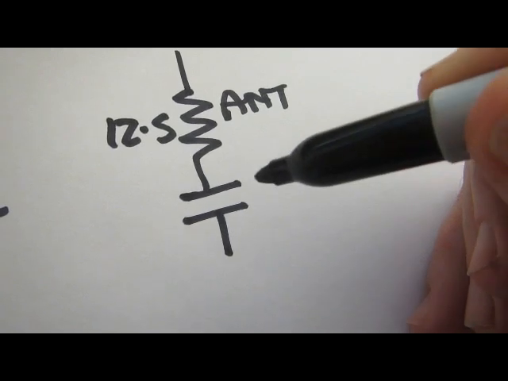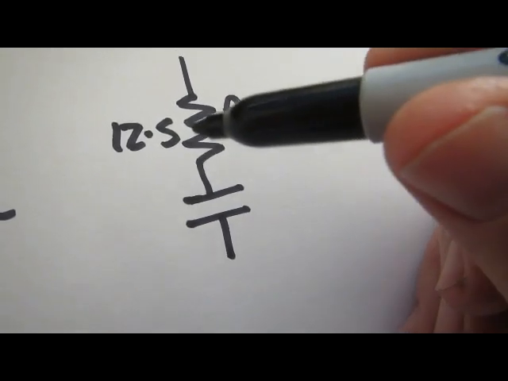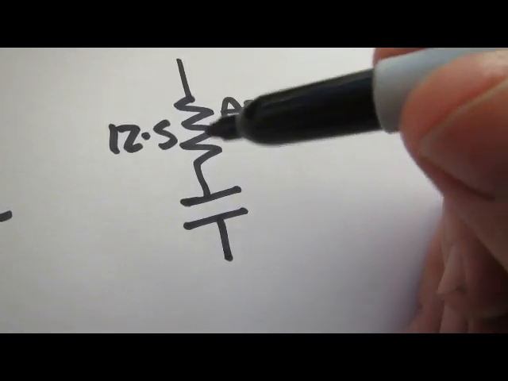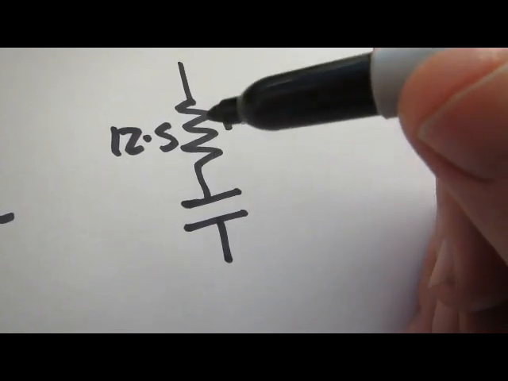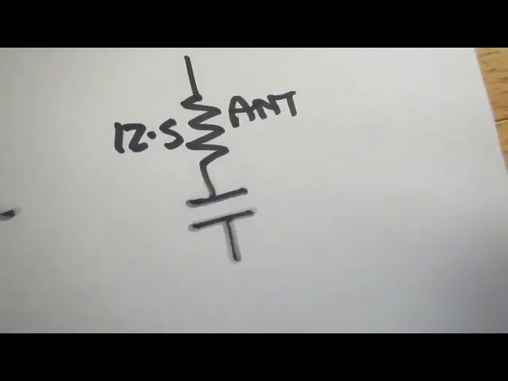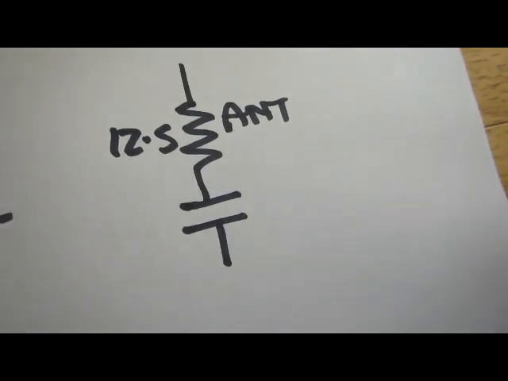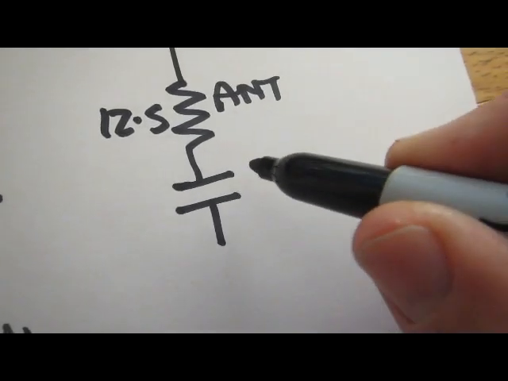So this will be 25 ohms for a Q of 2. This will be 25 with 12.5 in series. That will give a Q of 2. This series resistance, in the normal case, is smaller than the reactance of the capacitor if we're going to have a Q greater than 1. So this will be 25 ohms.